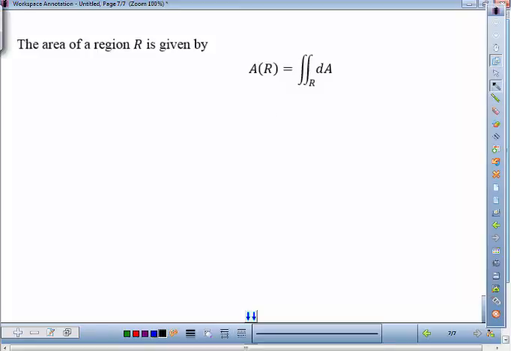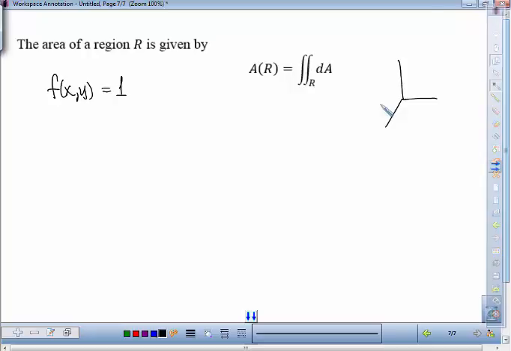So it's not explicitly written here, but you're saying that your z, or your f of xy, is equal to 1. And if your z is equal to 1, imagine how this is going to look. You have a plane, and your region on the xy plane is going to be whatever your region R in the xy plane is.